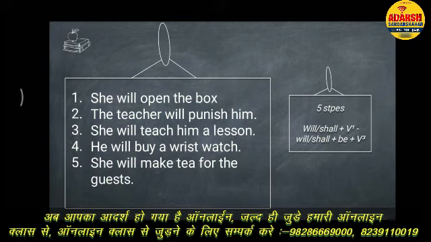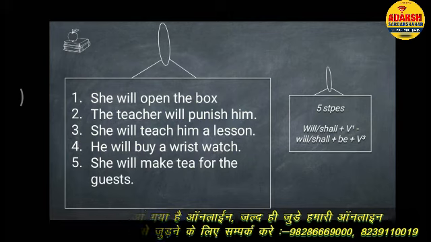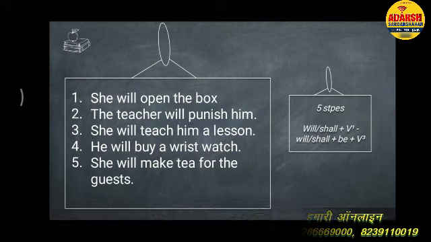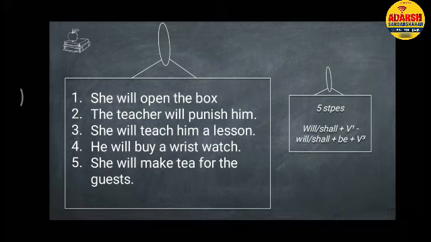Okay, so first sentence you can see here, she will open the box. Second, the teacher will punish him. Third, she will teach him a lesson. Fourth, he will buy a wristwatch. Fifth, she will make tea for the guests. Okay, 5 sentences are here for you as homework.